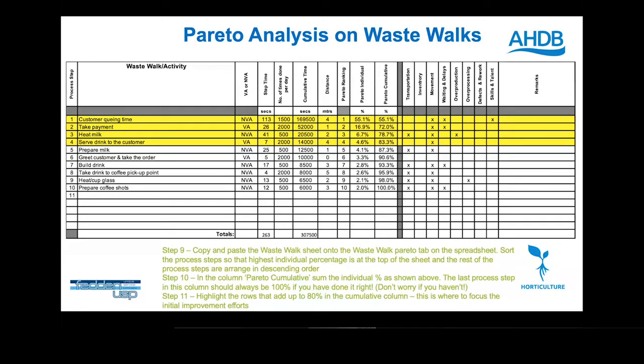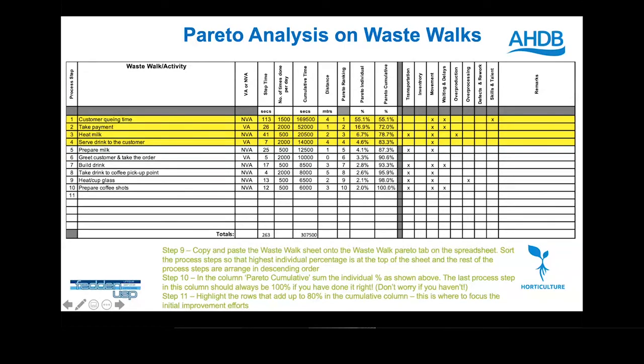And then if you look at this column here, which is the Pareto cumulative, all this column simply does is add together the percentages that you see in this column. So you've got 55.1 in the first, then 55.1 plus 16.9 gives you 72, 72 plus 6.7 gives you 78.7, and so on, until eventually you should get to 100% at the bottom.